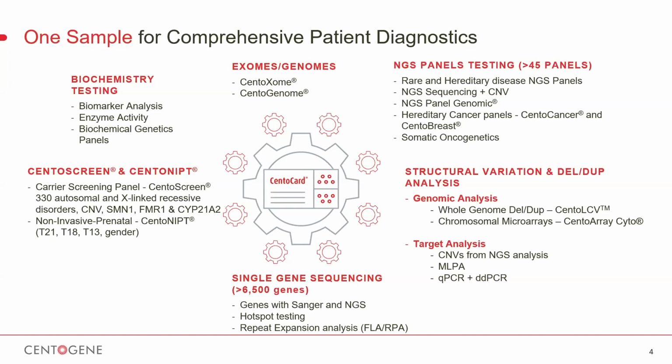And for the preventive section of genetics, we have two important products, the CentoScreen and the CentoNIPT. The CentoScreen is a panel including 330 autosomal recessive and X-linked recessive genes, the most frequent worldwide, and it is applicable for those seeking premarital counseling to detect the possibility of being carriers of known genetic disorders, especially if there is a family history of genetic disorders and no previous molecular genetic testing has been performed.